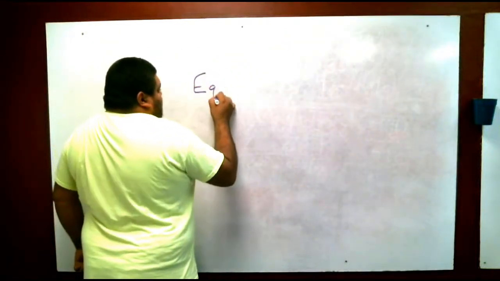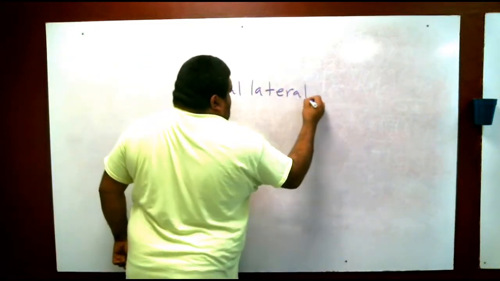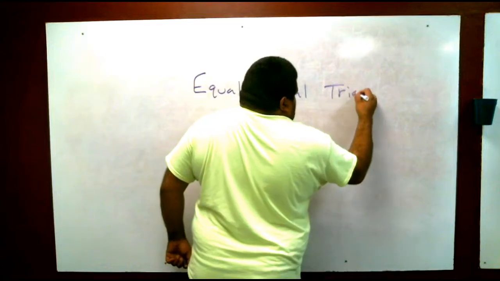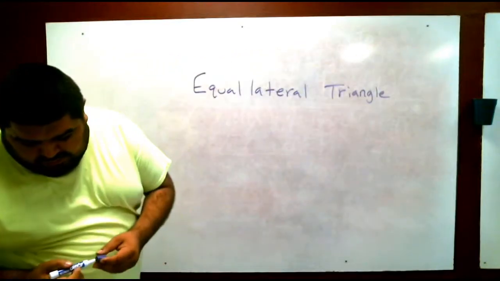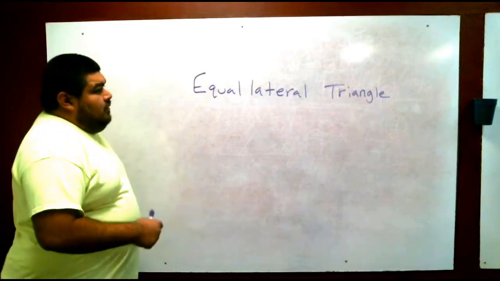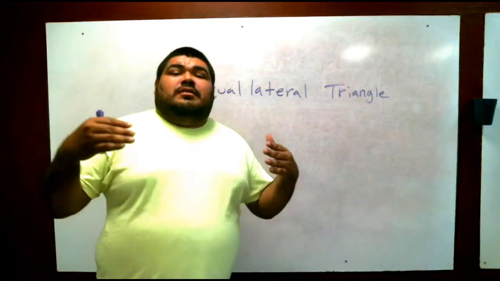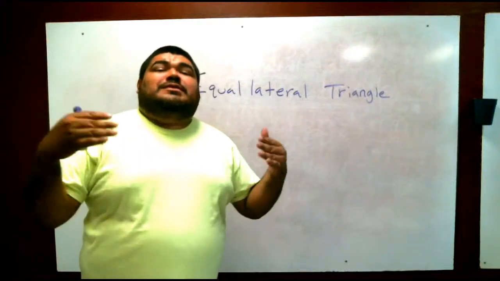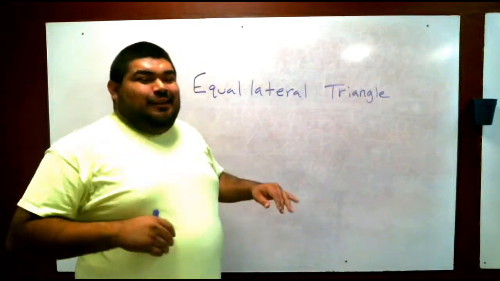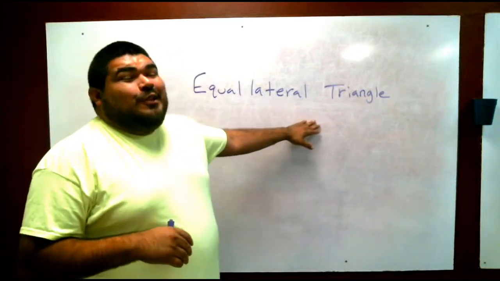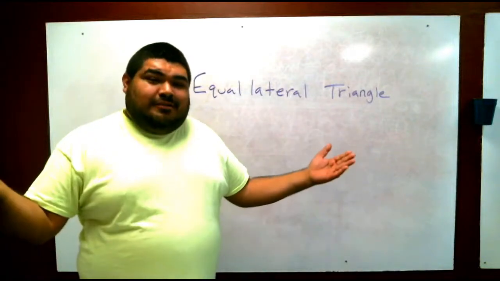So equilateral triangle. These kinds of triangles are like the other triangle. The other triangle was equiangular, all the angles were the same. So hint, hint, equilateral in this case means all the sides are the same, right?